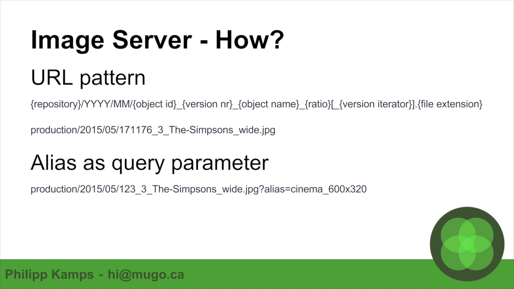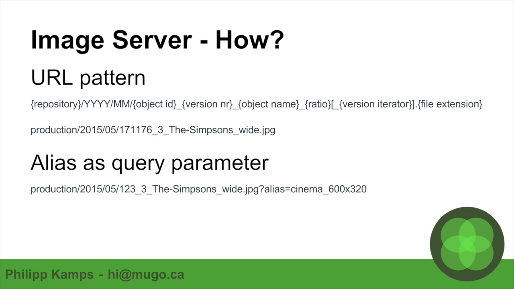Let's have a look at the URL patterns that we decided to use for content images in Easy Publish. It starts off with the repository. In the concrete example here we see it's production, and then we divide the image file into year and monthly folders. Then it starts with the image name, which is the object ID in Easy Publish plus the version number.